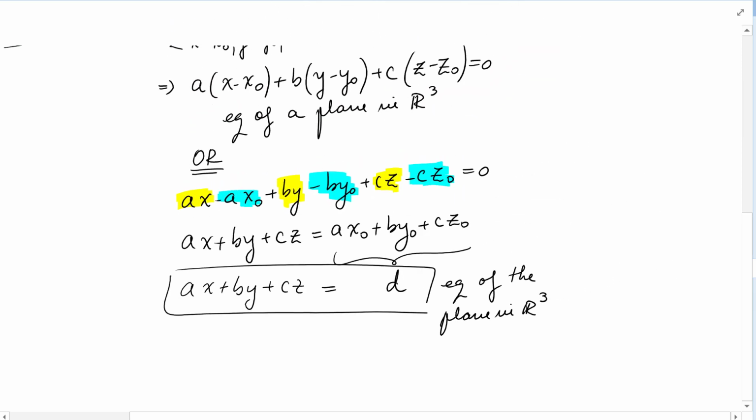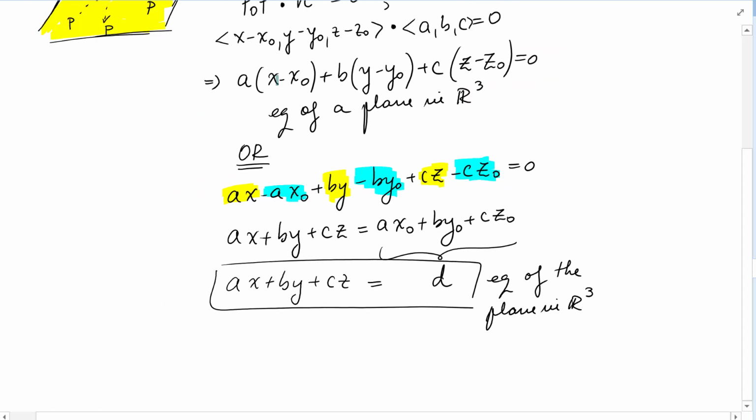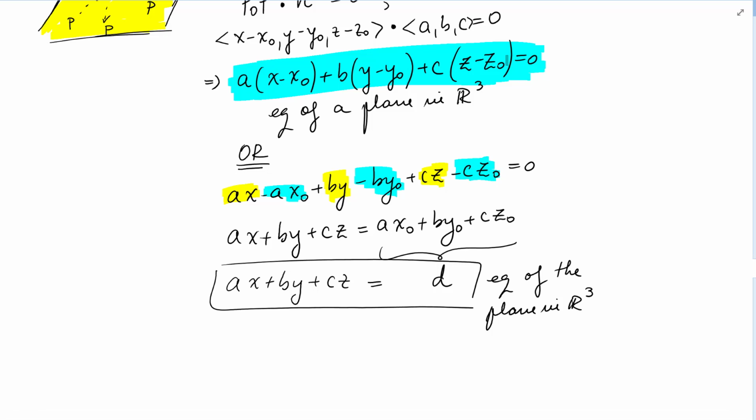So we have two equations: this one, where x0, y0, z0 are the coordinates of the point and A, B, C are the components of the normal vector, or Ax plus By plus Cz equals D.